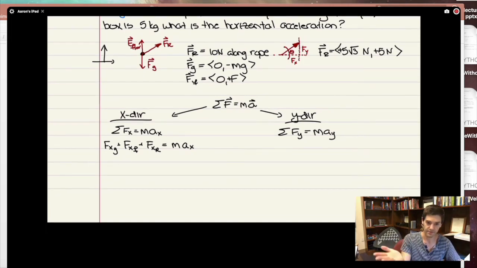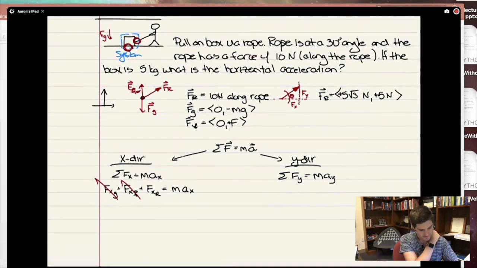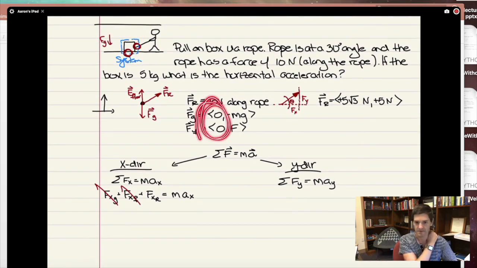Again, sum of the forces, there are 3 forces. I have 3 values in the sum. However, this one and this one are 0. The fact that the x components are 0 for these 2 forces makes this and this identically 0.